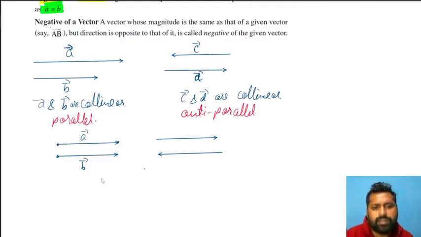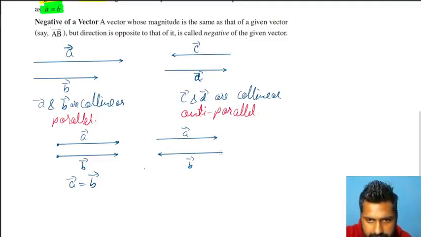Now they have the same length and same direction, so in this case A vector and B vector are equal. Now this time, A vector, B vector, the length may be equal, but the directions are opposite.